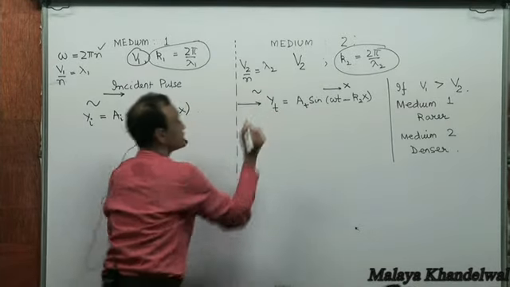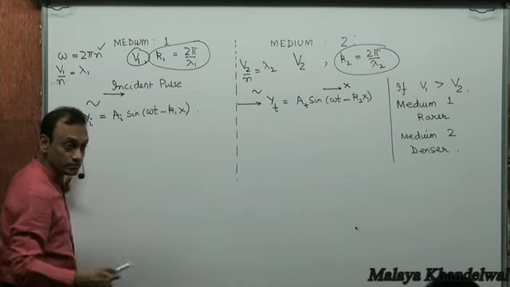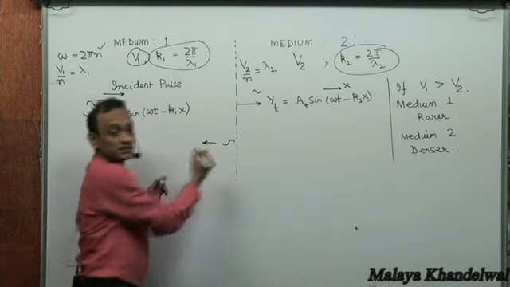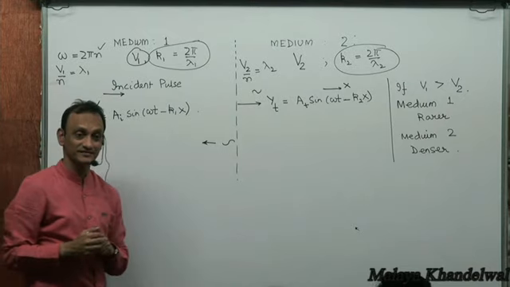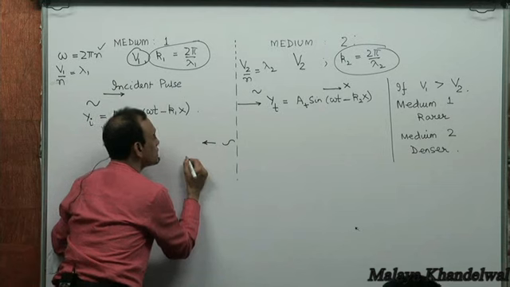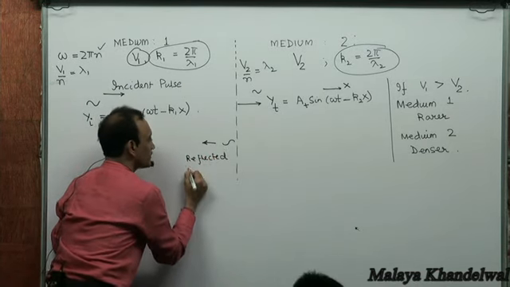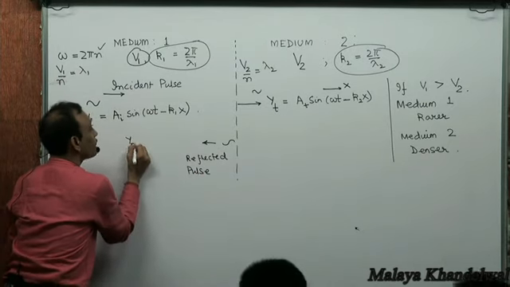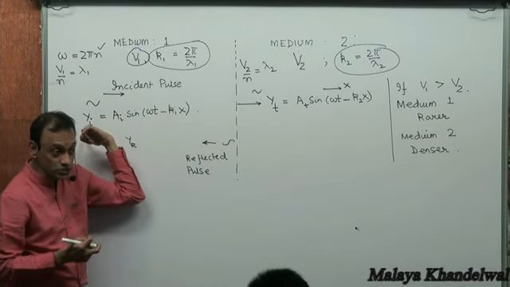That's the transmitted energy. Now part of the energy will bounce back into the incident medium, right? So there is a reflected pulse. This is an incident pulse and there is a reflected pulse. And the reflected pulse, y_R, is traveling in the negative x direction, right?